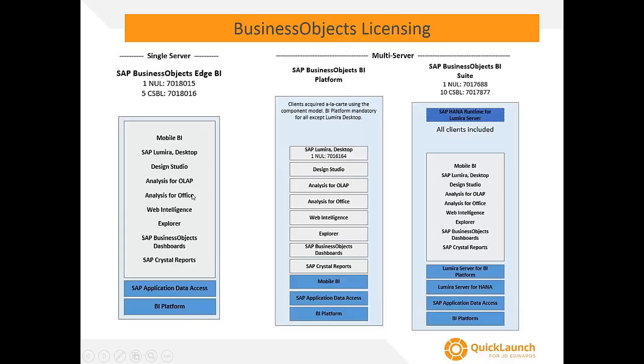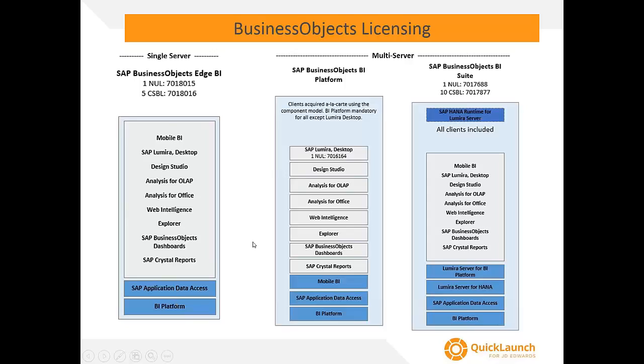Live Office is still a client tool that a lot of customers do use. My guess is that Analysis for Office currently does not run against a universe, but the rumor is that it will eventually merge with Live Office and potentially replace it. Then Web Intelligence, Explore, Dashboards, Crystal Reports, and the BI platform.